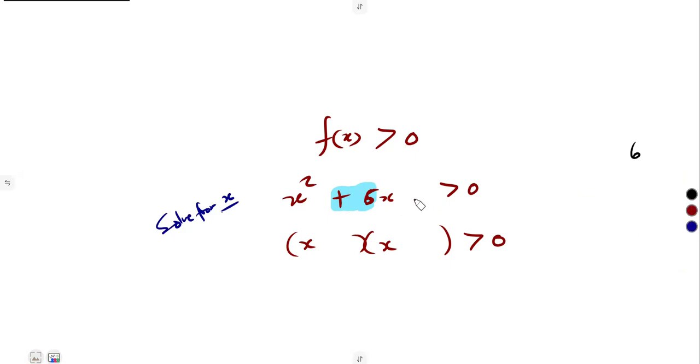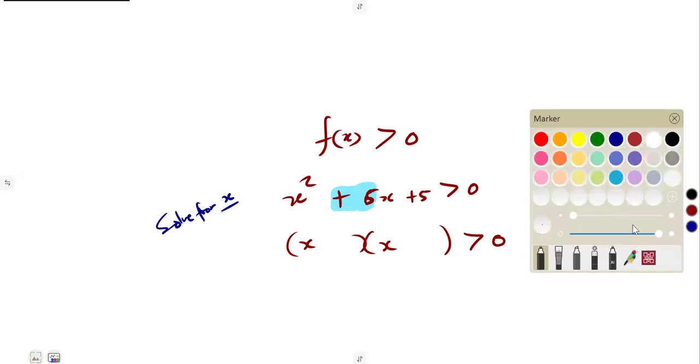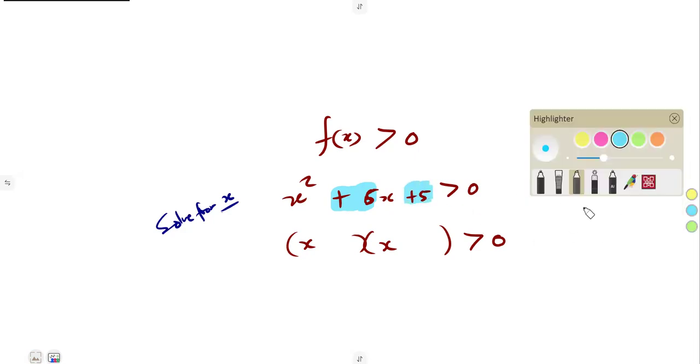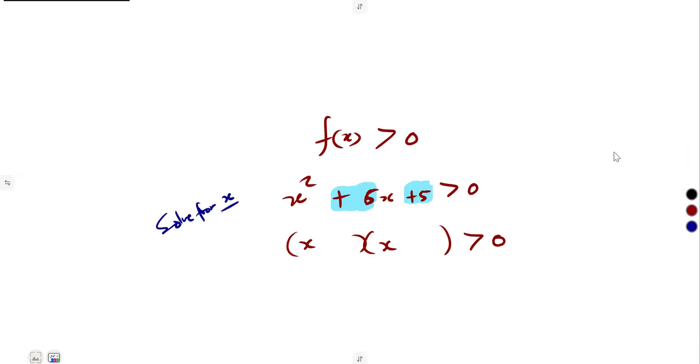I just want you to consider a basic one, do not worry about that. The product is 6 and the sum is 5. So we've got 5 and 1, or -5 and -1. As we can see, the sum is supposed to be positive, so we are going to focus on 5 and 1. So you add that 5 here and 1 here.